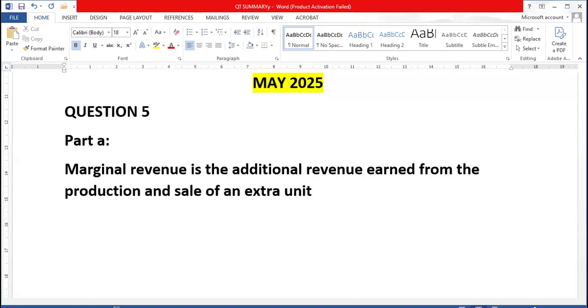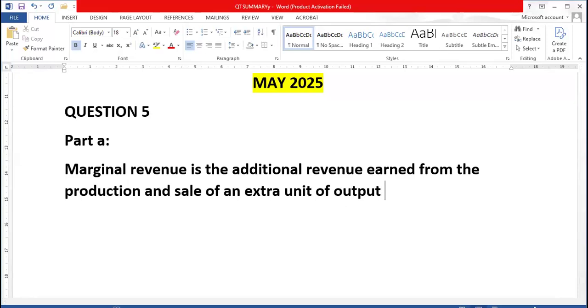How much are you going to sell from what you produced as extra? Marginal revenue is the additional revenue from the production and sale of an extra unit of output.